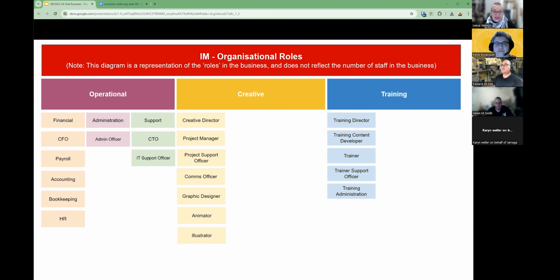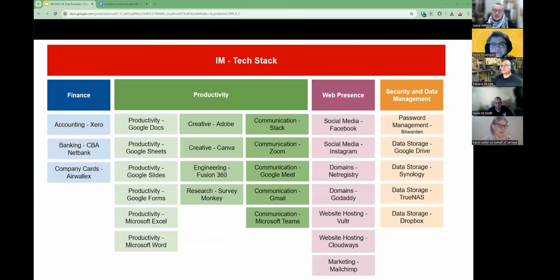Then in the next slide, I want to show you how this relates to IT. It was kind of funny. As I started doing this diagram, we've got Google, and then before you know it, there were Bitwarden, security, MailChimp, and all of the domains that we've bought over the years.